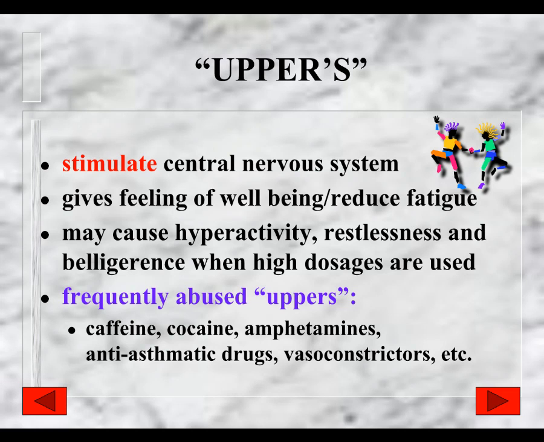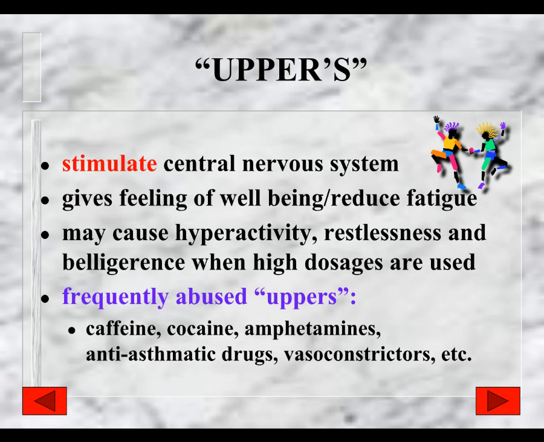They give you a feeling of well-being and increased energy. They can cause you to be real restless. Some stimulants can actually cause people to be aggressive, and they don't really realize that. Their emotions are hypersensitive.